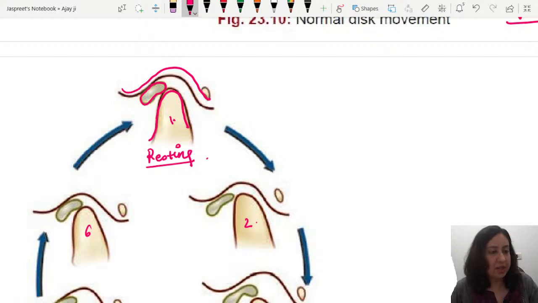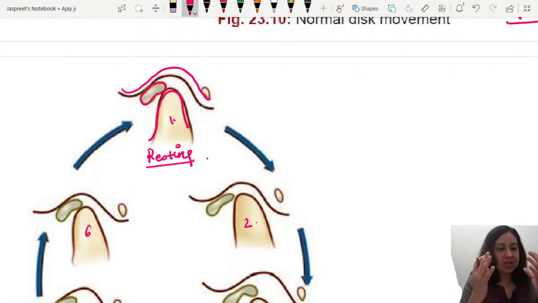And articular eminence, because the disc is in an abnormal position in relation to articular eminence also. Okay, so this is what internal derangement is: all the structures that make up the joint are in an abnormal position to each other.